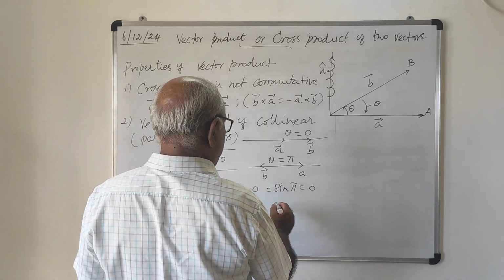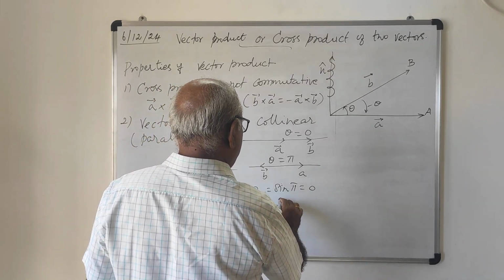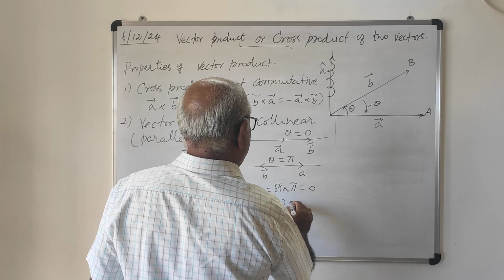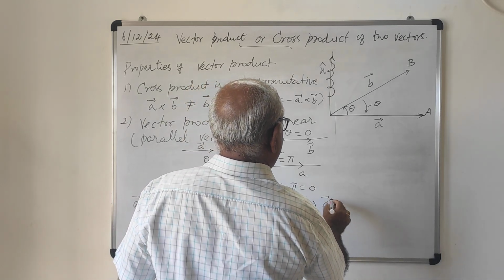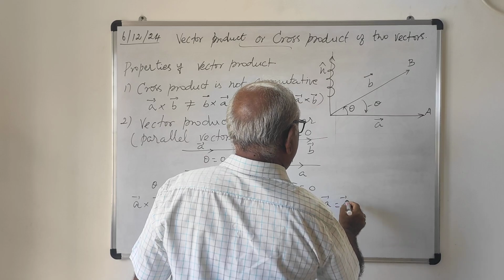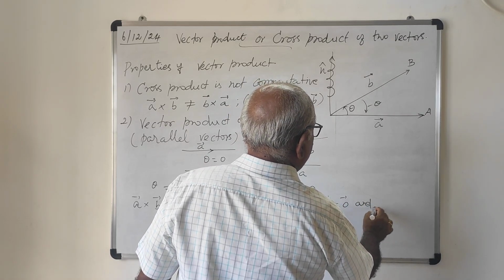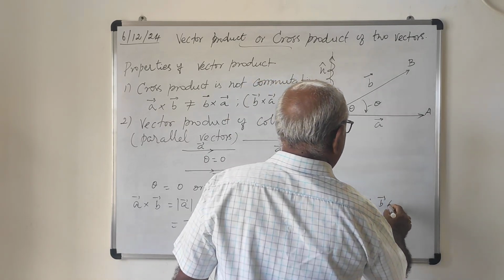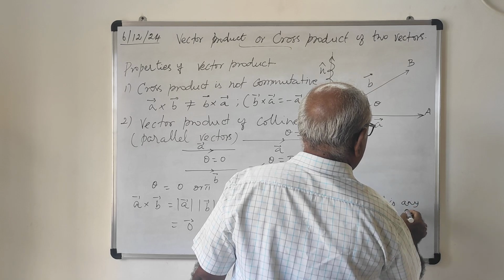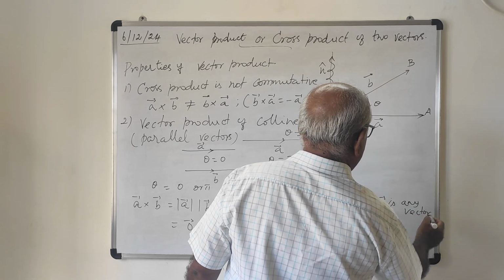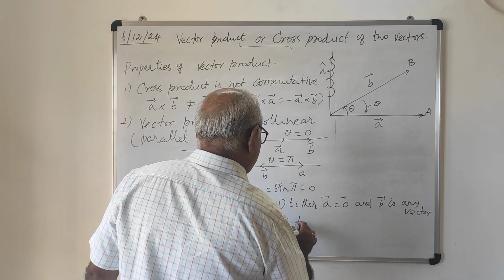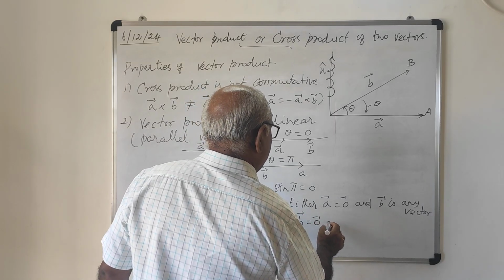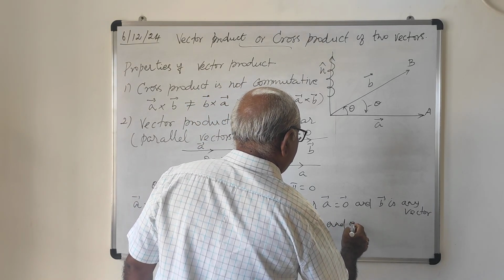From this I can get three conditions. If the two vectors are collinear or parallel, first one is either A vector is 0 vector and B is any vector. Second one is B vector is 0 vector and A is any vector.